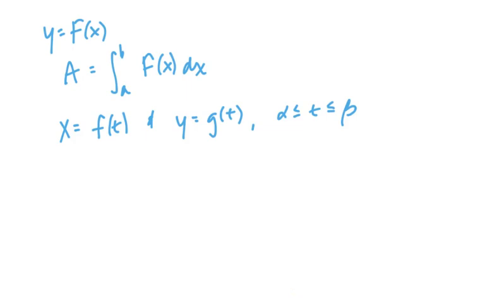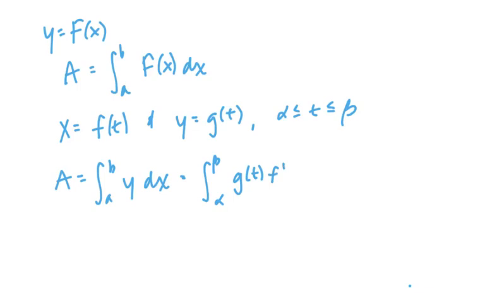Then normally we have the area equals the integral from a to b of y dx. So in this case, we're going to use the substitution rule, and we're going to change the variable to t. So we go from alpha to beta, and we're going to have g of t, f prime of t, dt.